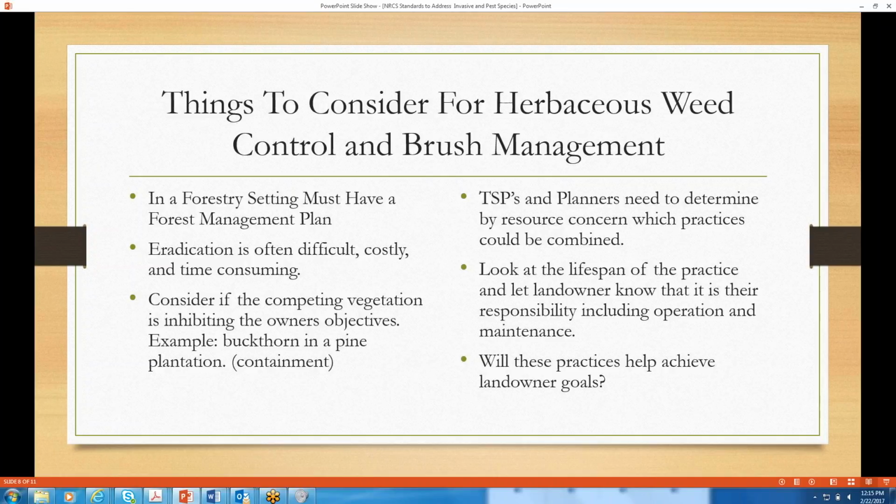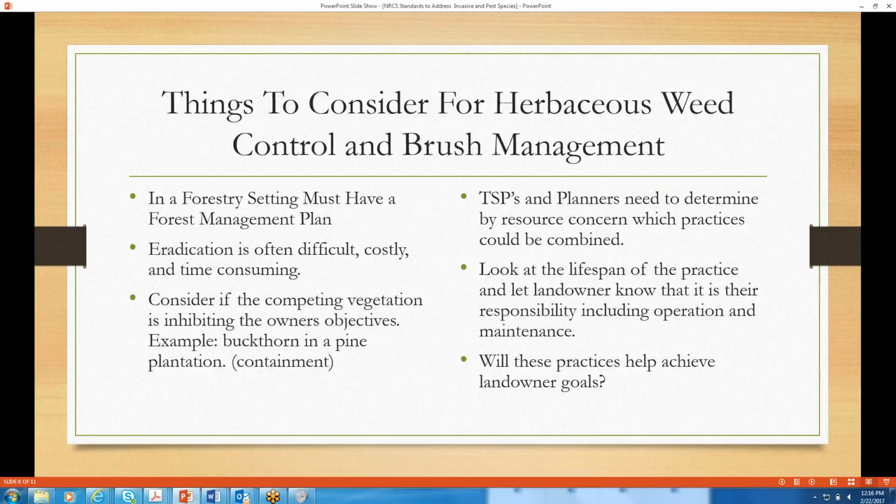Another thing to consider is whether the competing vegetation is inhibiting the owner's objectives. For example, in the Marshfield training, we were at a pine plantation which had a highly dense thicket of buckthorn underneath.